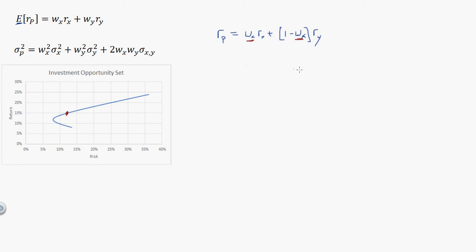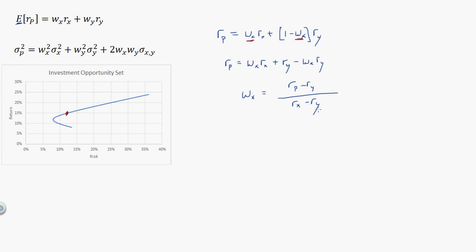Well, how do I do that? Let's do that with algebra you've done before. So the return on the portfolio is equal to Wx Rx plus Ry minus Wx Ry. Just doing a little bit of math here, Wx equals, because this Ry comes over, Rp minus Ry divided by Rx minus Ry.